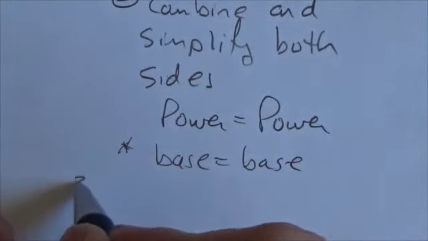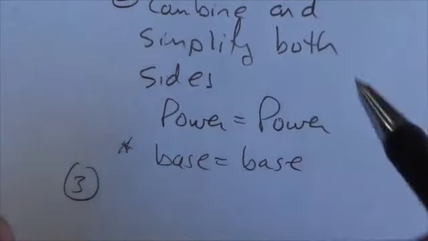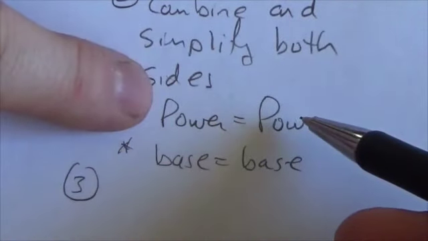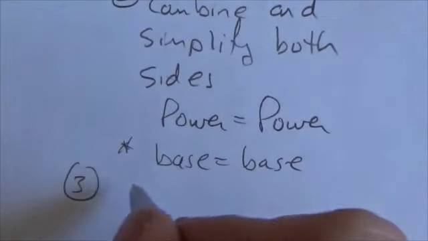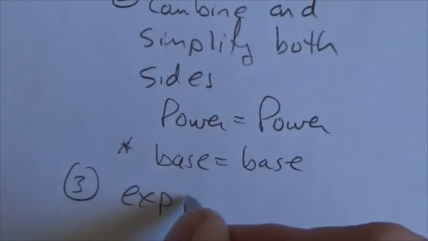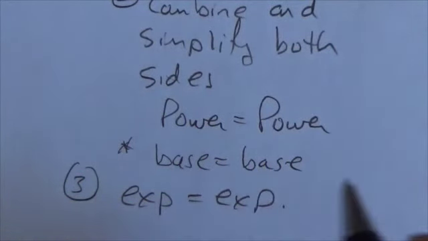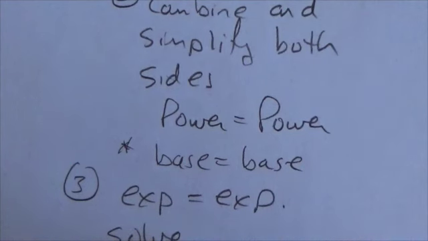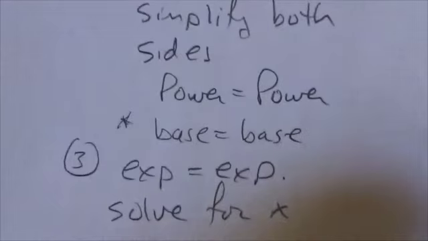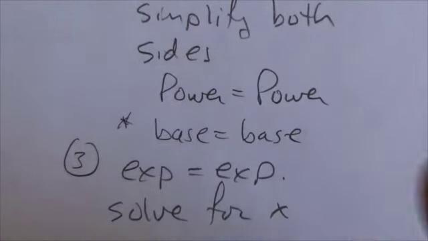And so the very last thing that we're going to do is state it like this: if the powers are equal and the bases are equal, we can conclude that the exponent is equal to the exponent. And then solve, typically for x, or for whatever the variable is. So these are our steps.